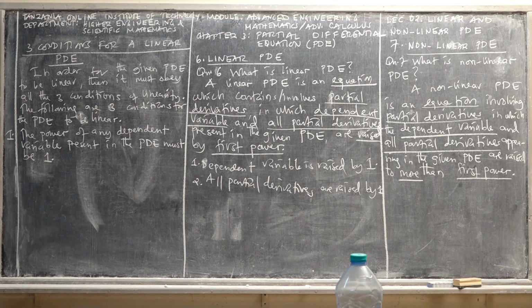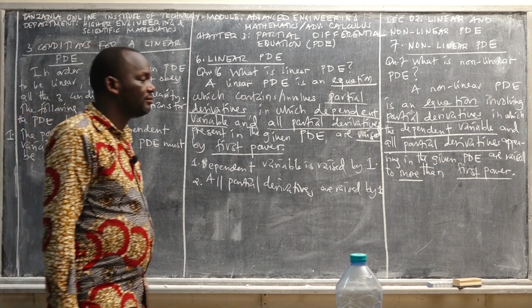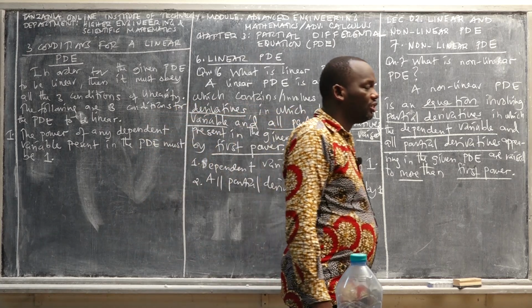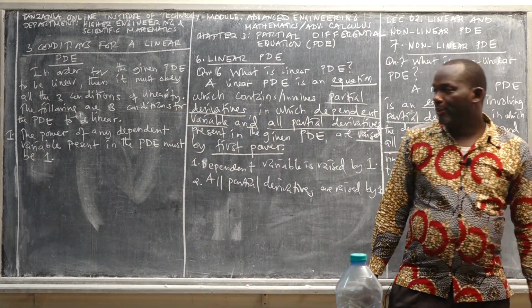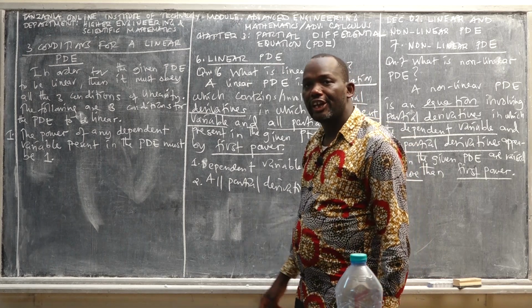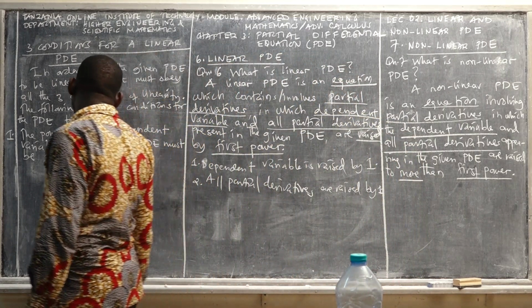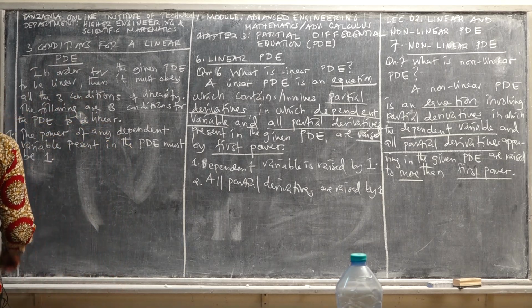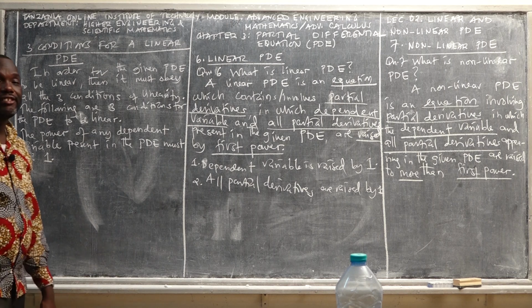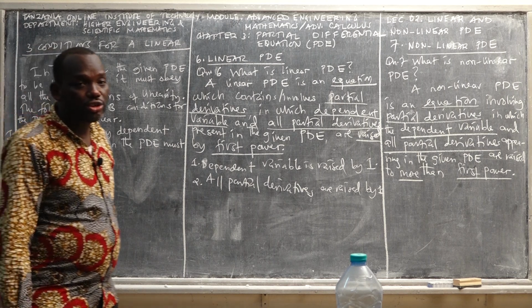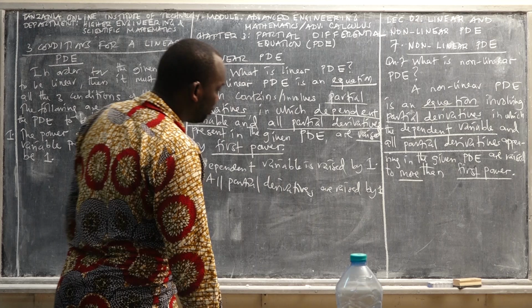So for the partial differential equation to be linear, the first condition, the power of a dependent variable must be 1.